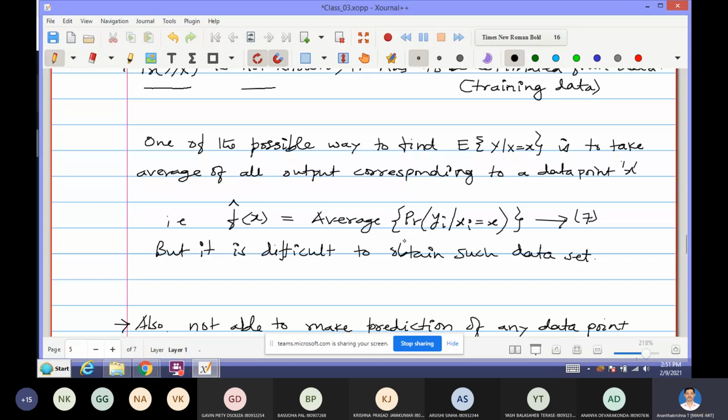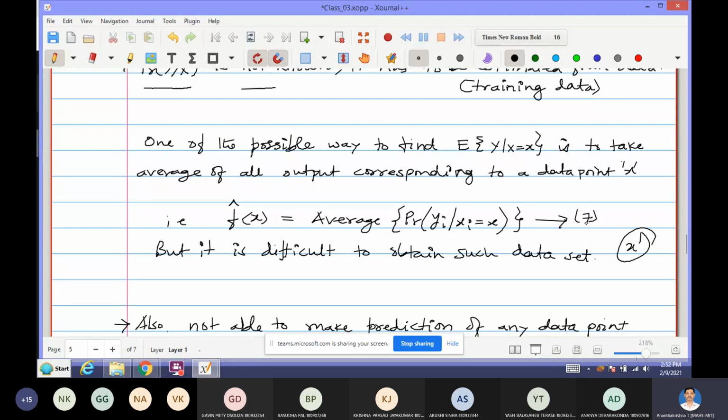Also, it is not able to make a prediction for any data point which is not present in the input data space. You take some x dash and try to predict. It is not possible because it is not there in the input space, right? If there are not enough measurements on the input side, it is difficult to predict.